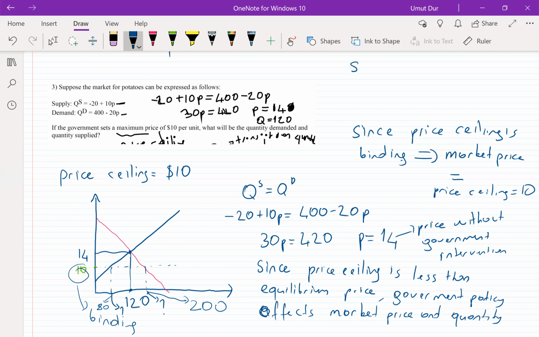Suppliers supply 80 units and the consumers demand 200. What will happen in the market? Will the market quantity be 200 or 80?